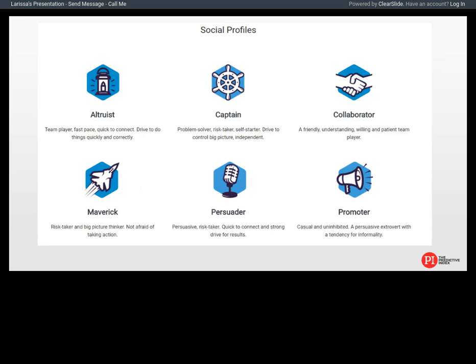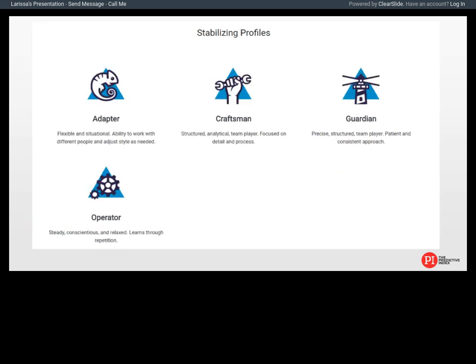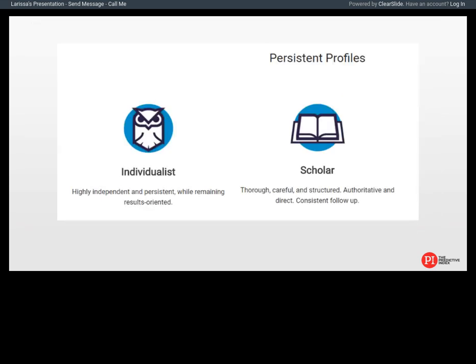You guys, I'm sure, are seeing a lot more of those come across your desks. We've also added in the stabilizing profiles an adapter. If you notice, it looks like a little chameleon. That's within 2/5 of a sigma high or low. That's our chameleon pattern. So that's a new pattern as well. And then finally, our persistence down here.